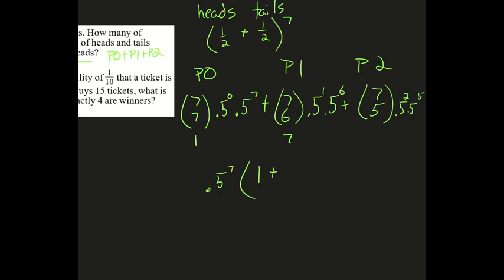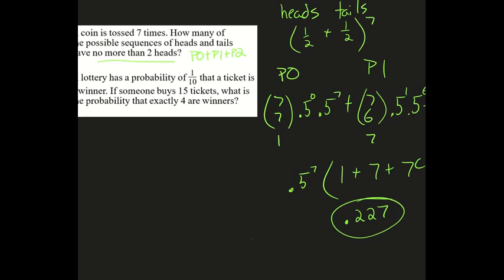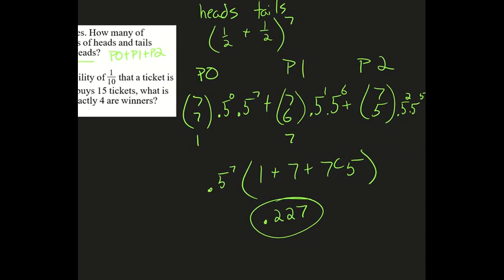So what we're typing in the calculator is this. We can factor out a 0.5 to the 7th, and then what's left in there is 1 plus 7 plus 7c5. So when we put that in the calculator, we end up with 0.227, or 22.7% of the time we will have no more than 2 heads.